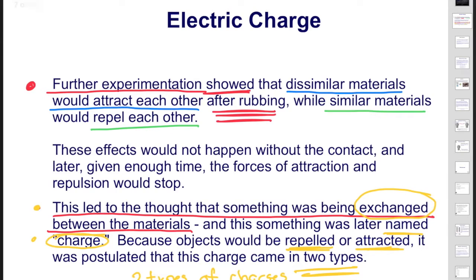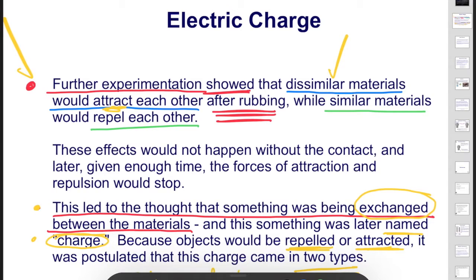Now, another point that you need to have in your notebook first is they continued doing experiments, and in these experiments they found what we saw in the videos, the objects that are different, these objects will attract each other. They go close to each other.